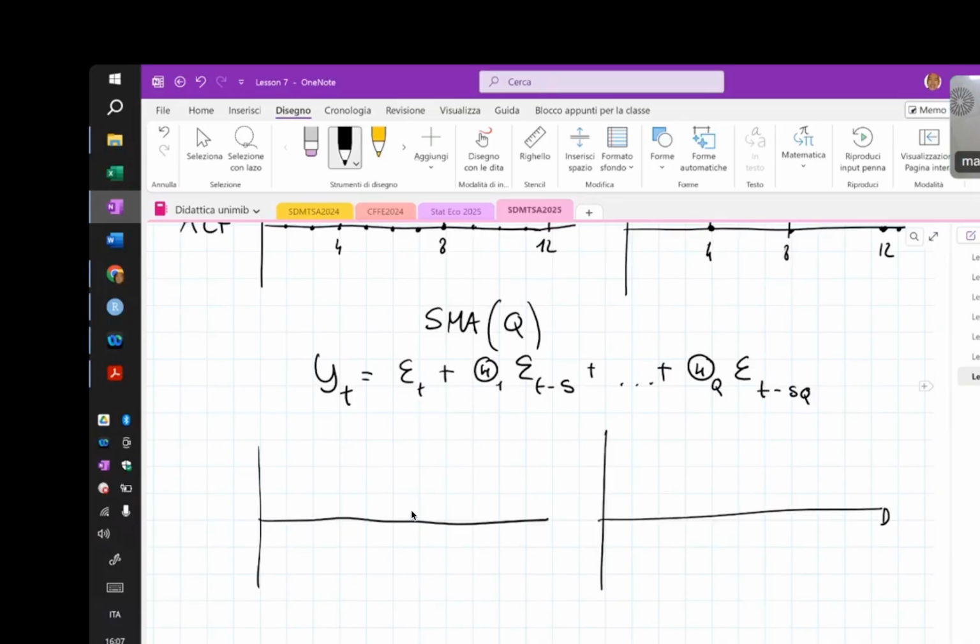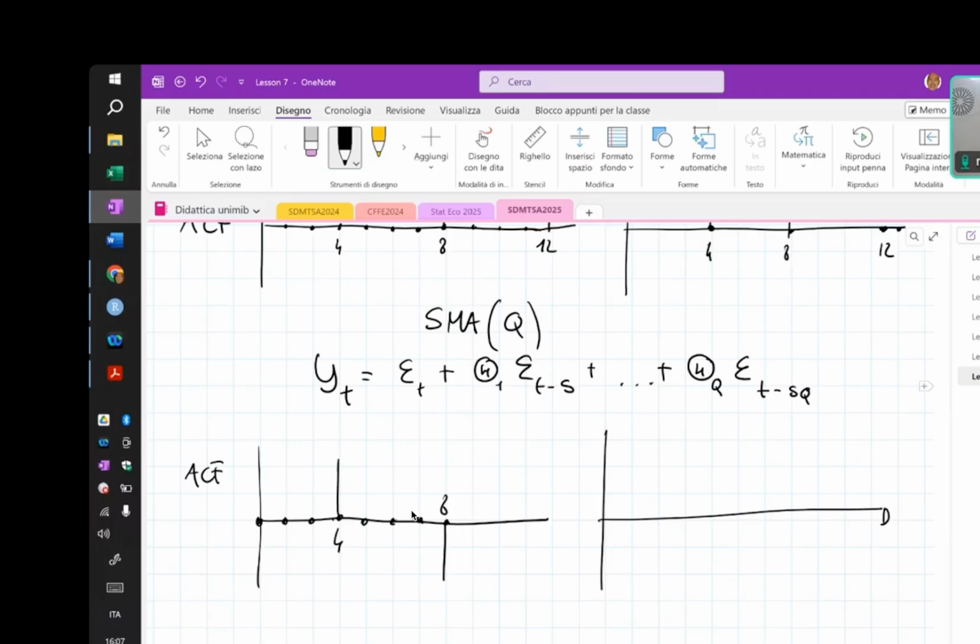So the ACF, in this case, goes up, it's different from 0. It can also be negative. I just designed everything with positive numbers, but you can of course also have negative numbers. 1, 2, 3, 4, 5, 6, 7, 8. So here the first Q autocorrelations on the seasonal lags are different from 0. All the other ones are 0.